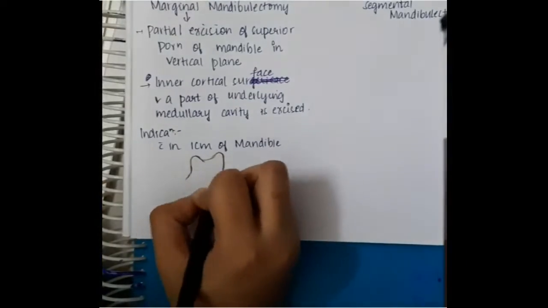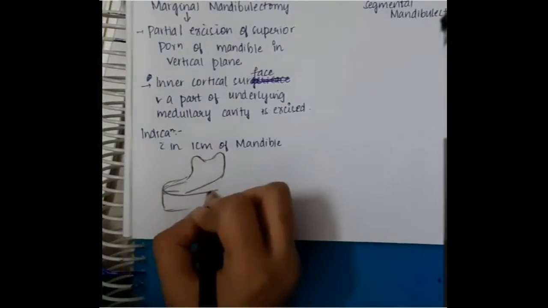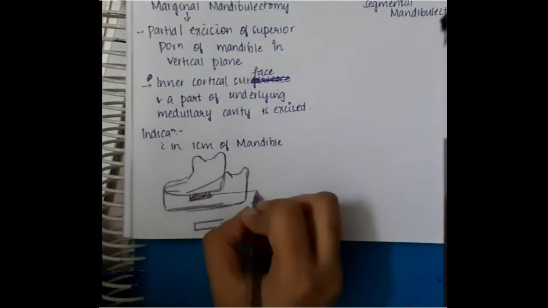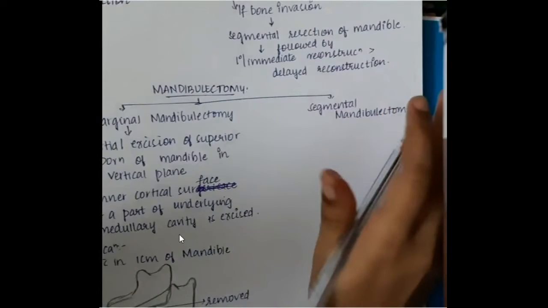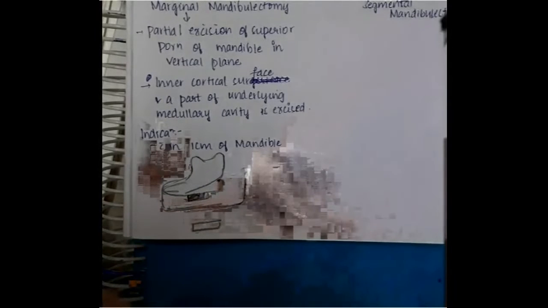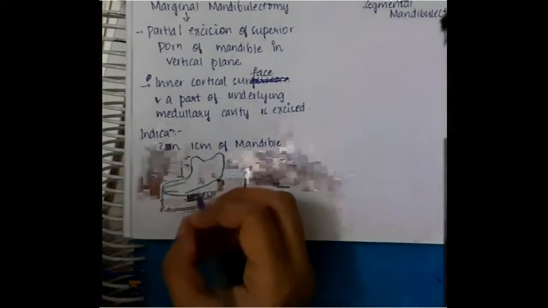So if you see, this is the mandible, and here we do partial excision of this superior part of the mandible, excising the inner cortical surface with a small underlying medullary cavity.